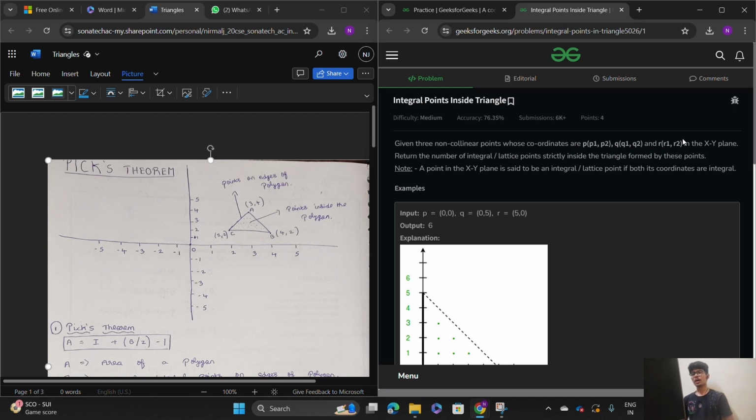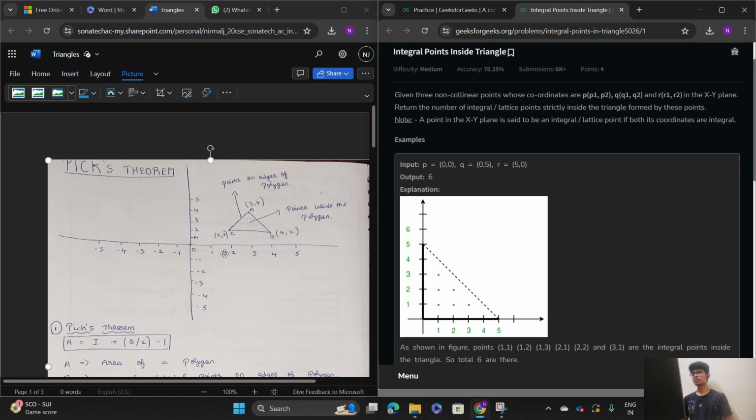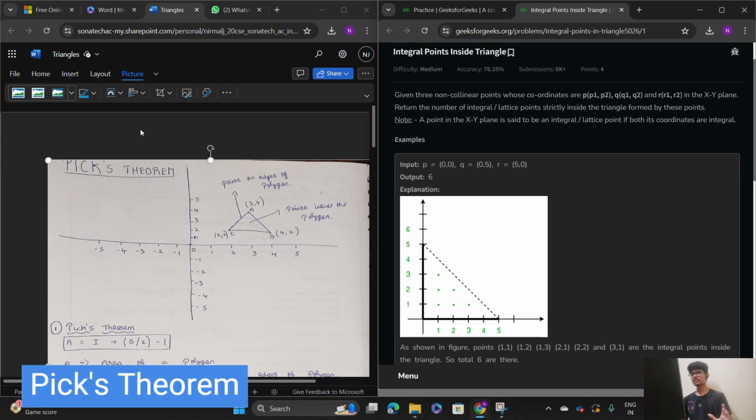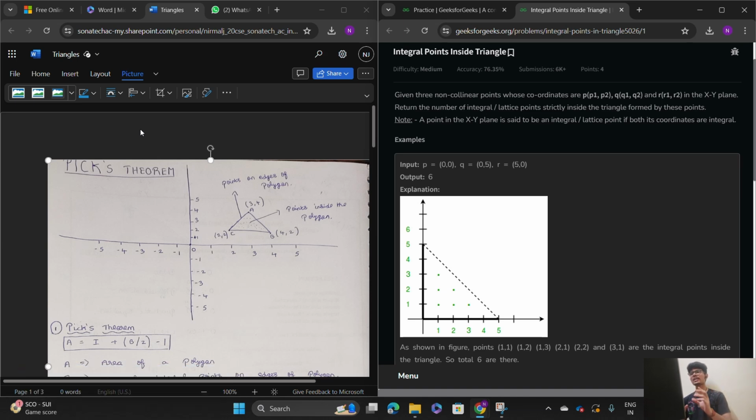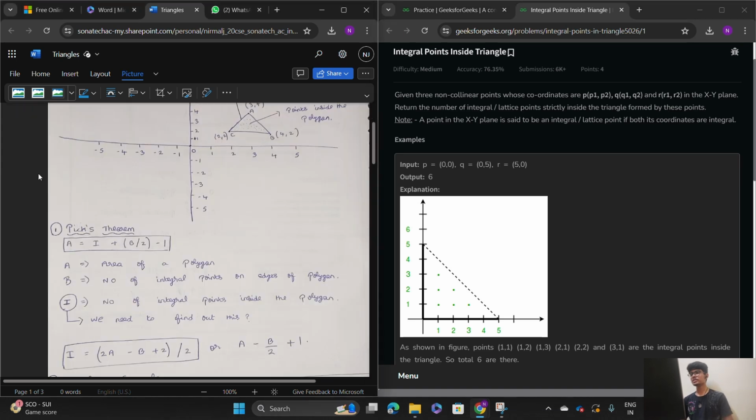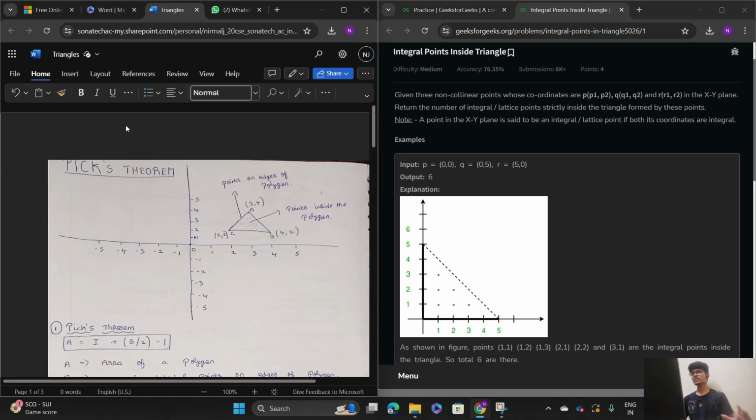That's it. How we can find this out is by using Pick's theorem. In Pick's theorem, they have stated that any polygon with at least three straight sides, formed by coordinate points like p1, p2, q1, q2, and r1, r2, can have its area found using this theorem. Pick's theorem was founded in 1899 by George Alexander Pick.